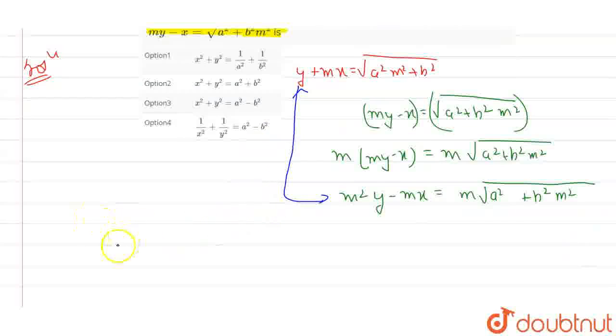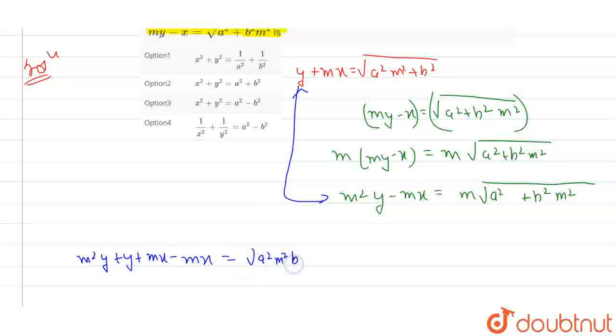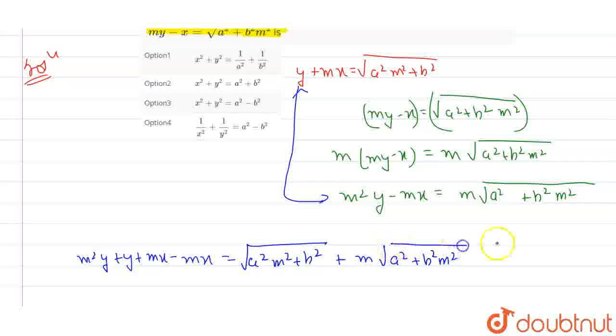On adding them, I'll get, I'll write separately here, m square y plus mx minus mx on the left hand side, and the right hand side will become under root of a square m square plus b square, plus m under root of a square plus b square m square in this case, right?